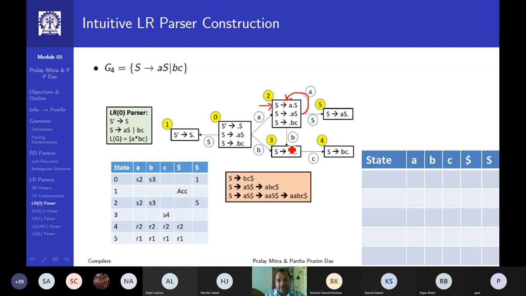So I am going to state 3, B dot C. Now from the third state, if I see that C is there, then the dot will move from the left hand side of C to the right hand side of C, and I will go to state 4. So these are the possibilities. Now you see, apart from these, no other transitions are possible corresponding to the grammar G4.